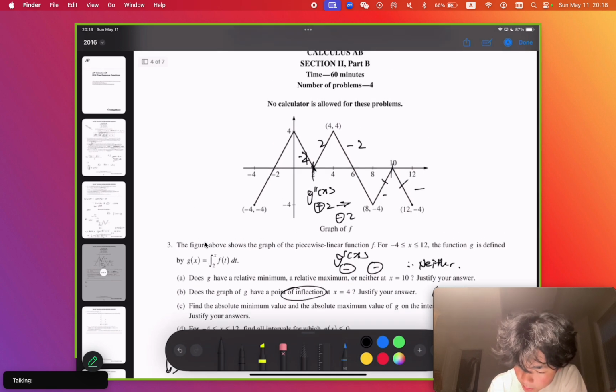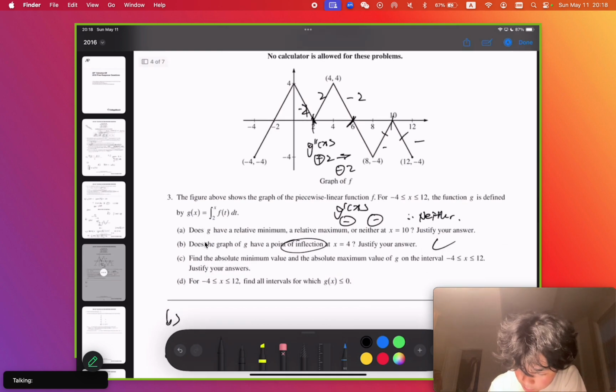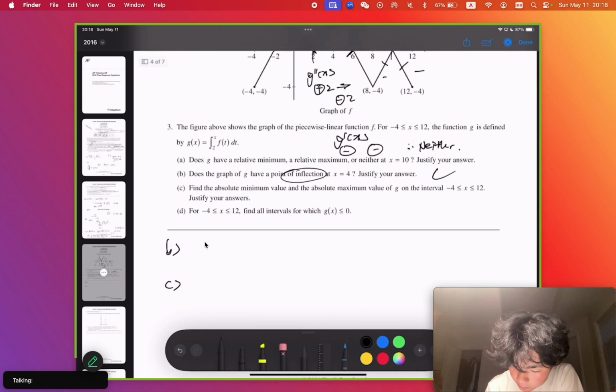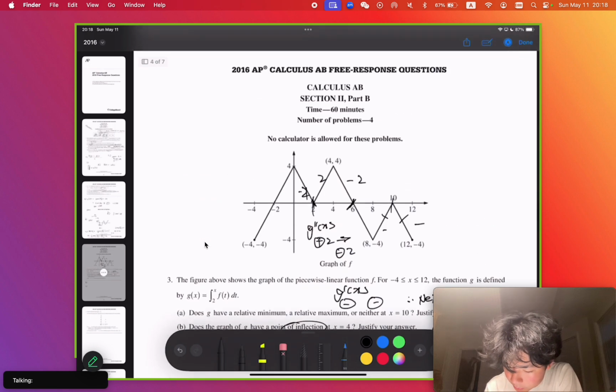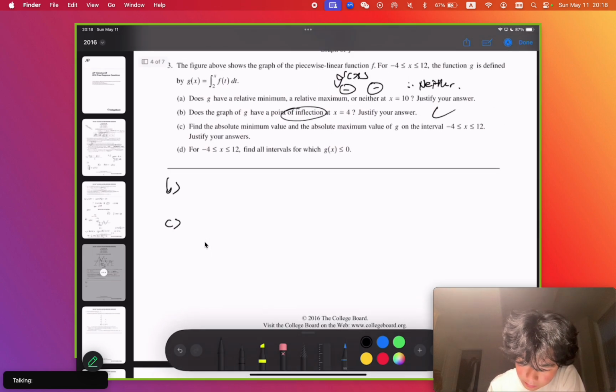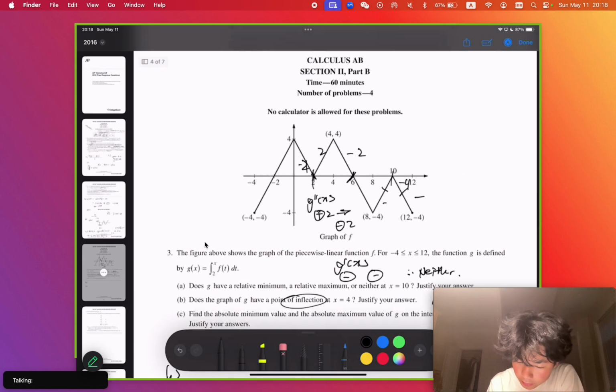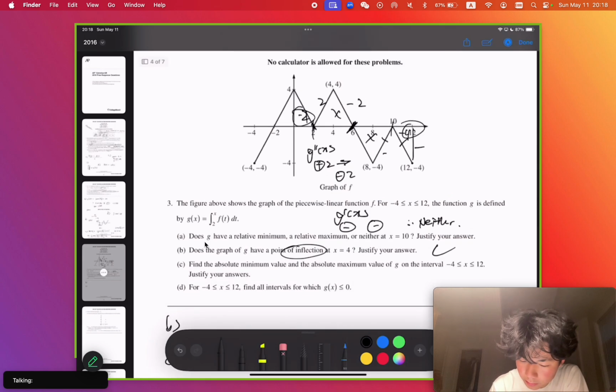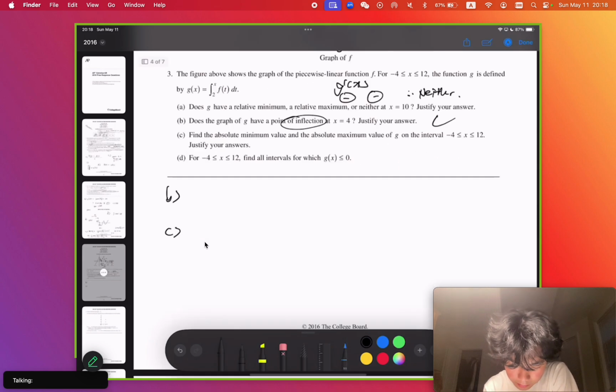The absolute maximum might be this, like 6, and the absolute minimum might be just -4, just in case. So either way it's -4, right? Because this cancels out, leaves out this chunk, and this is the only positive value that I can get. So it's 4, -4, and justify.